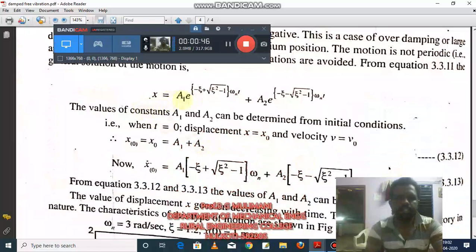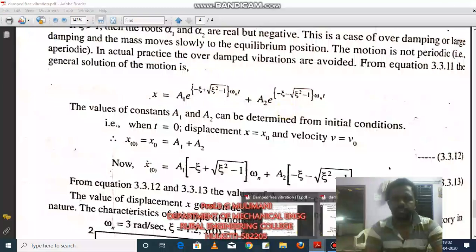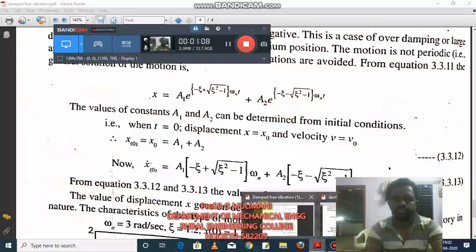The general solution is x equal to a1 e raised to minus zeta plus square root of zeta square minus 1 omega n t, where s1 is minus zeta plus square root of zeta square minus 1 times omega n. This is s2, which was derived in the previous video.